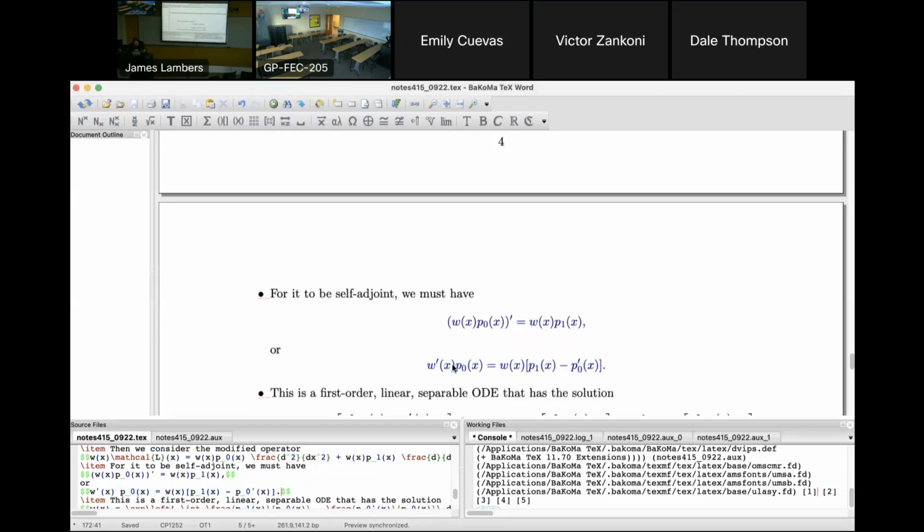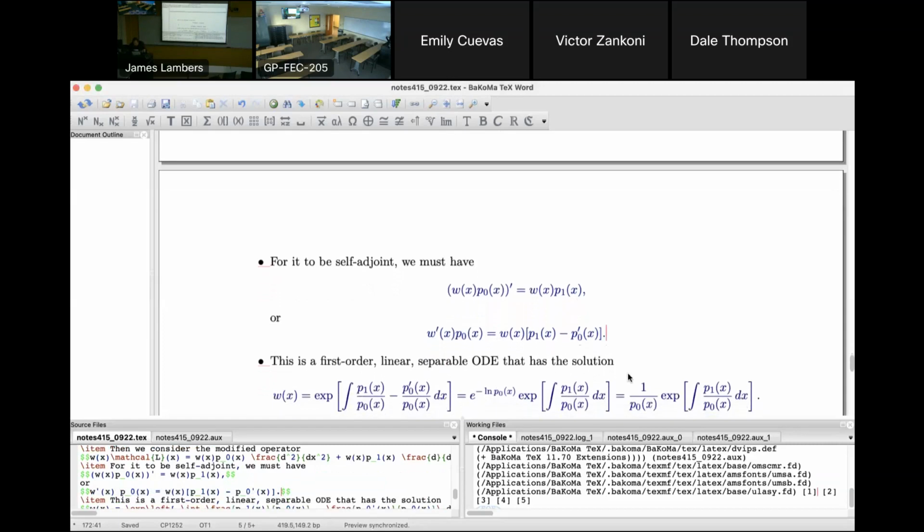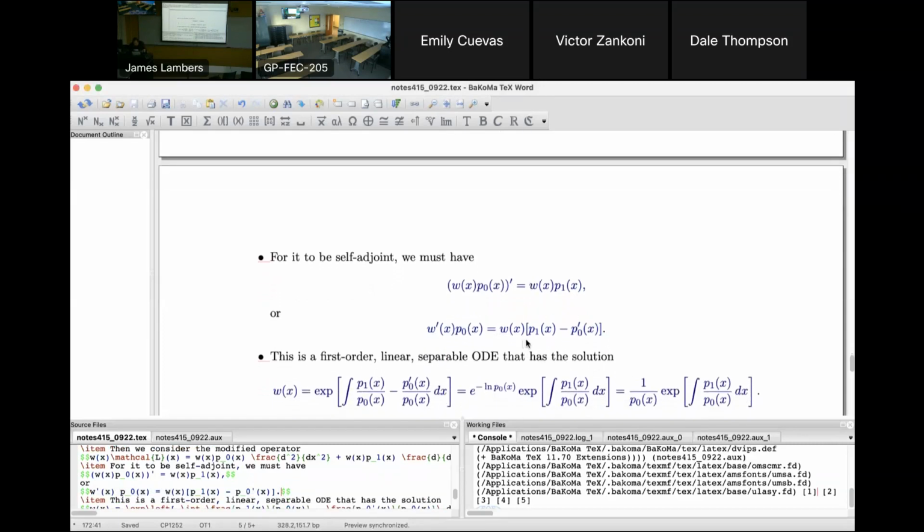Now this is a nice kind of ODE to solve. It's first order in w. It's linear, it's separable. We've seen this kind of ODE before in another situation, so we know what the solution is. So now you write it like this. The best thing to do is move P0 to the other side.